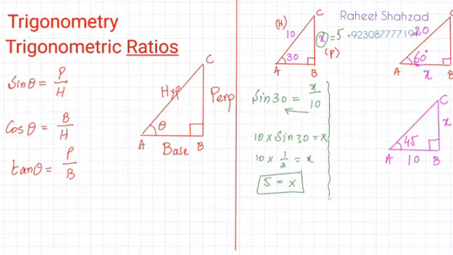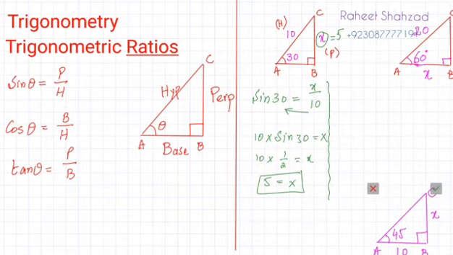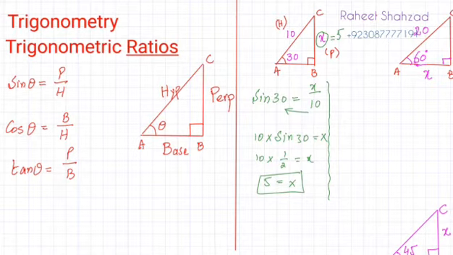Now similarly, if you see this question, again this is a right angle triangle, and we can apply trigonometric ratios here.